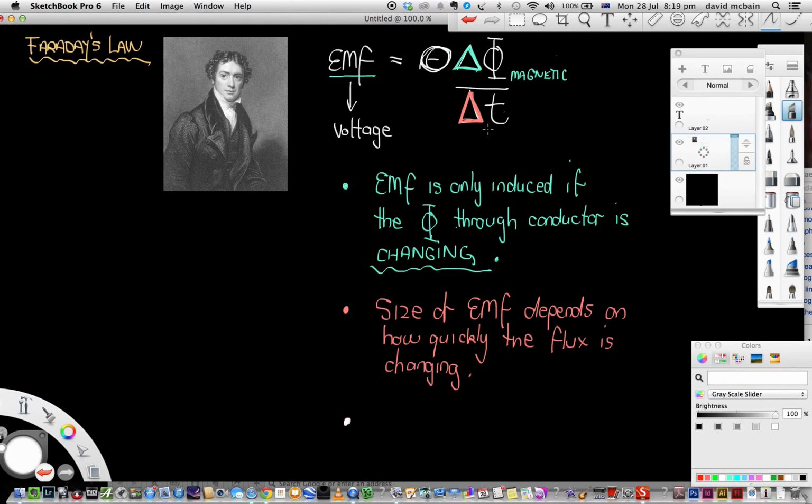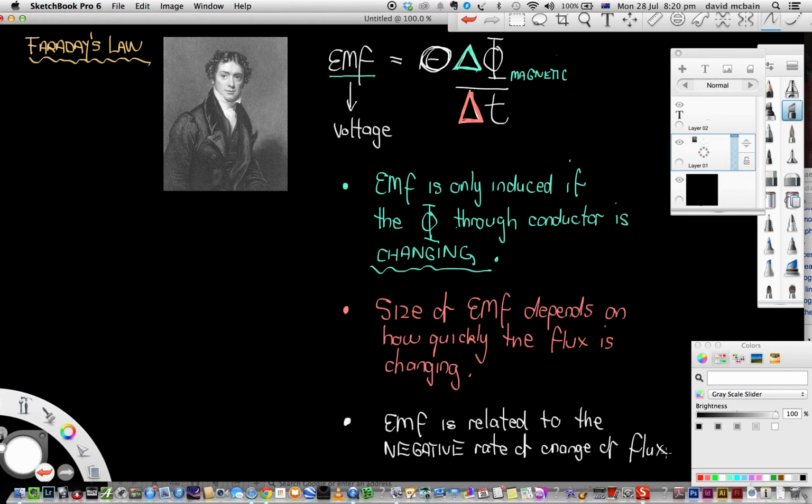At the moment, we'll just write a comment about it: the EMF is actually related to the negative rate of change of flux. Don't worry, that's a little bit confusing at the moment. We will come back and look at that point.